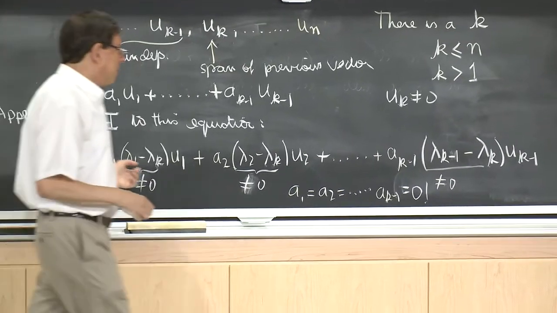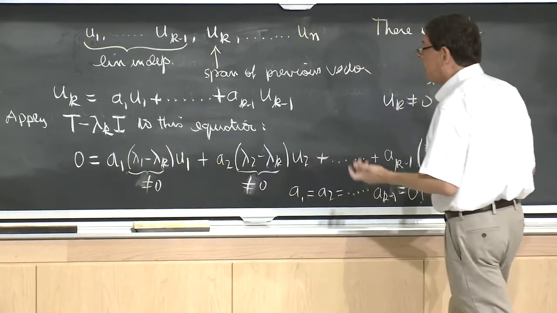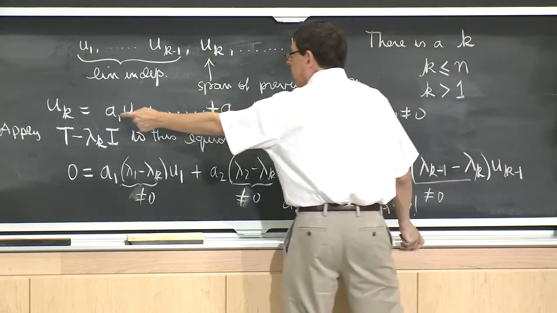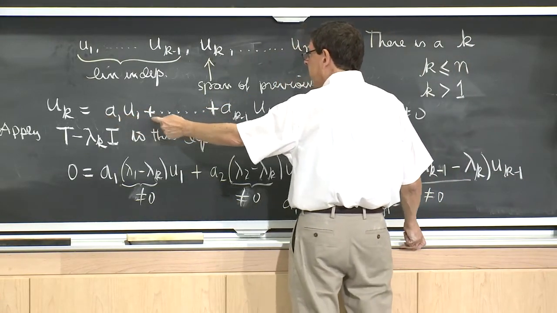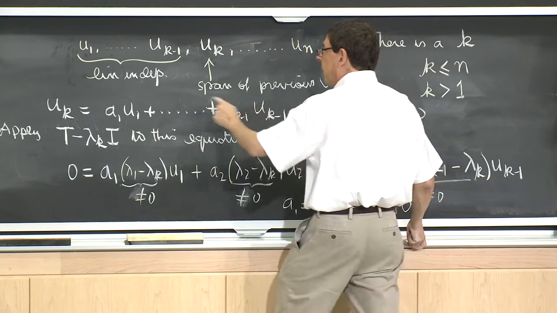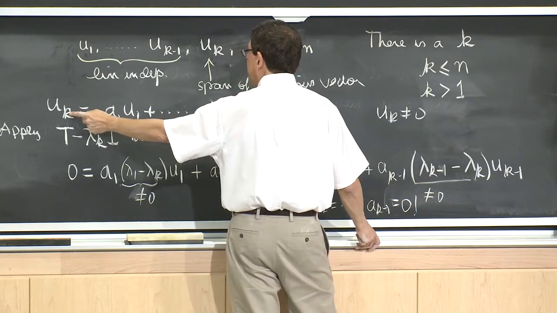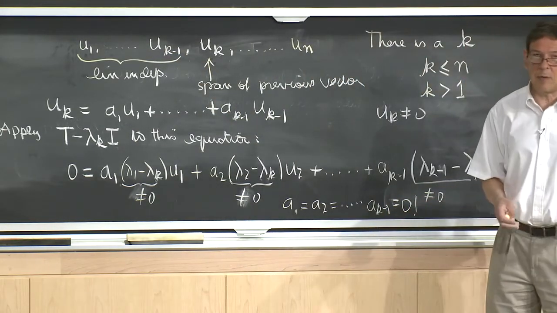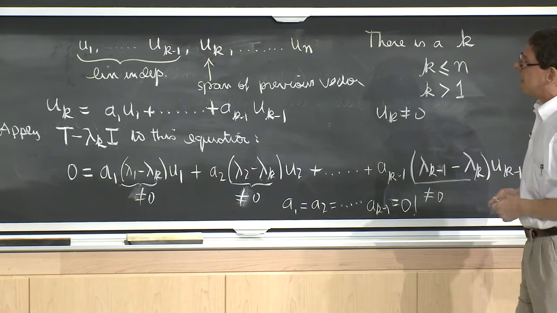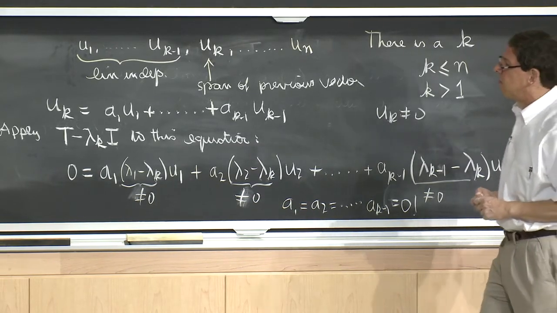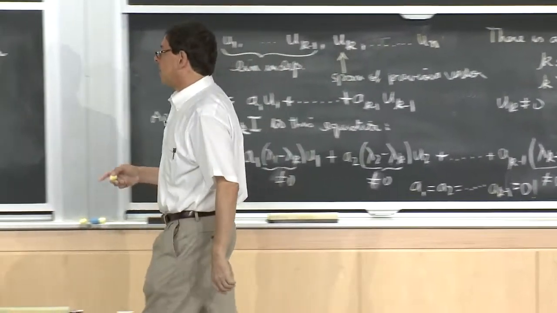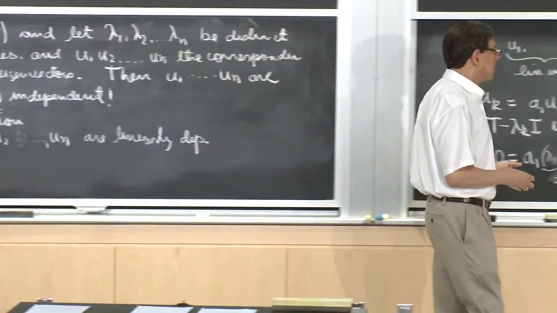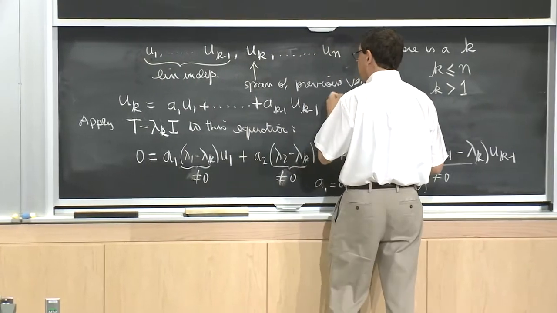So being equal to 0, already we got our contradiction, because if all these are 0, you look back here, and the vector uk would be equal to 0, but we know all these are non-zero eigenvectors, so we got into contradiction, which means the hypothesis is false. The statement that they're linearly dependent is false, and that proves that the vectors are linearly independent.